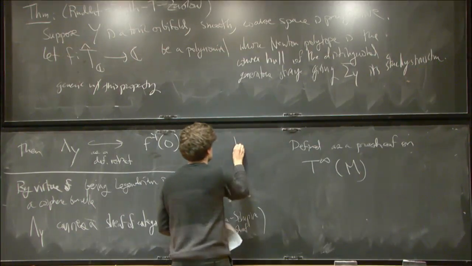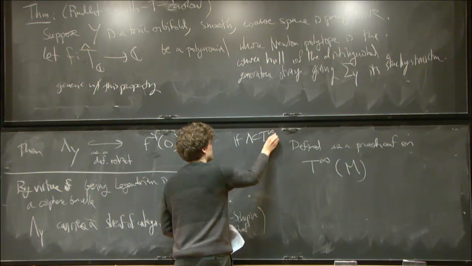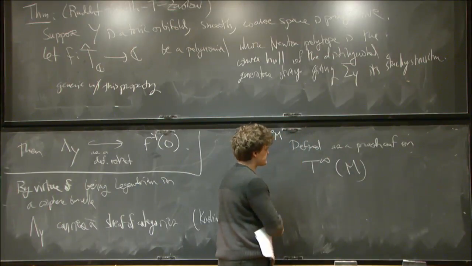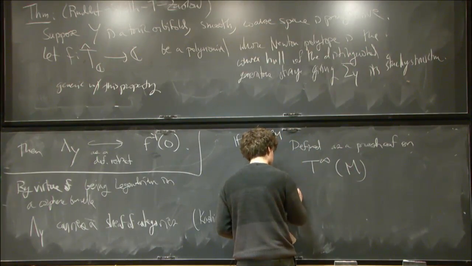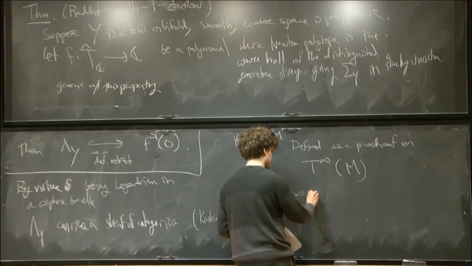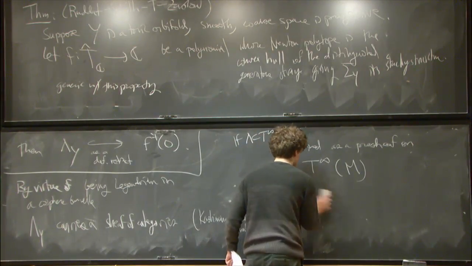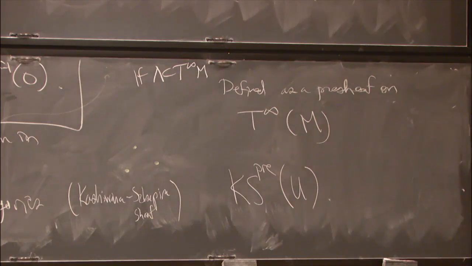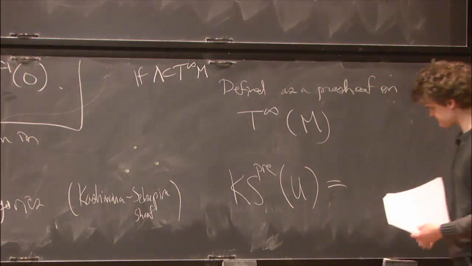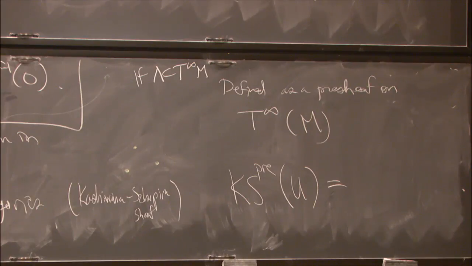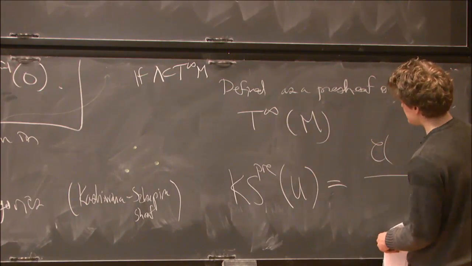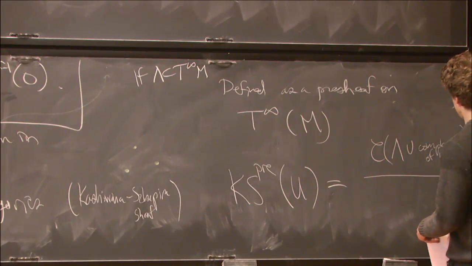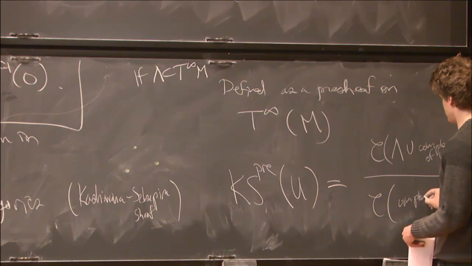If lambda is a Legendrian in the co-sphere bundle of M, then there's a pre-sheaf defined directly on this co-sphere bundle by the formula: to an open set U, it associates the quotient of lambda union the complement of U by just the complement of U.